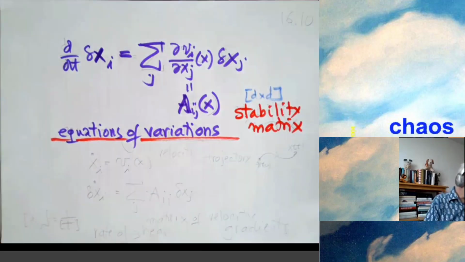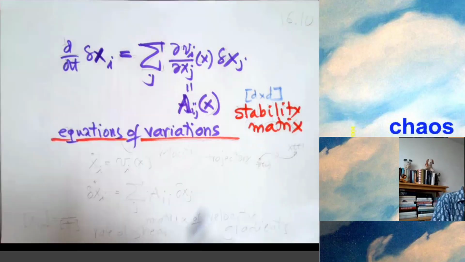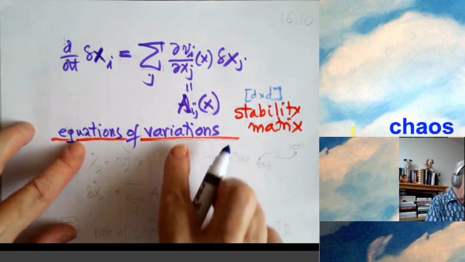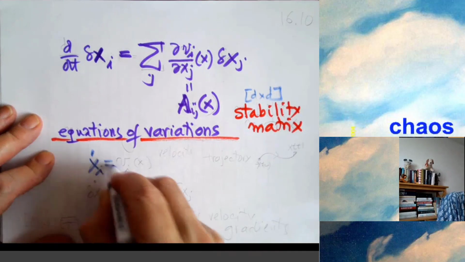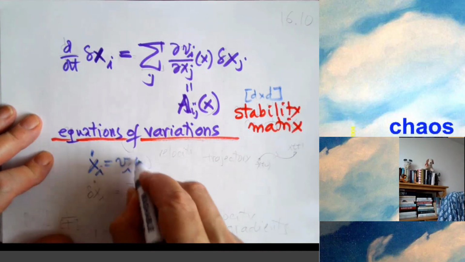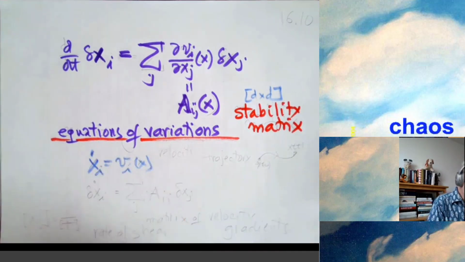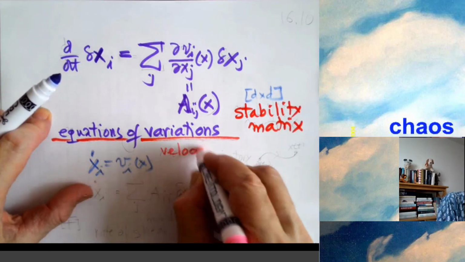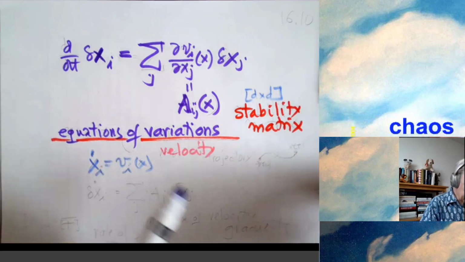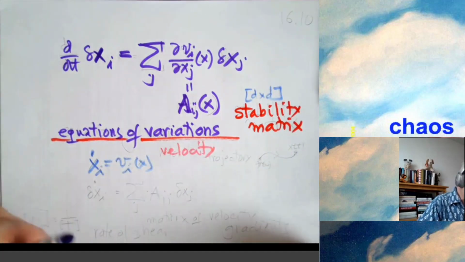And I can take care of what happens to deviations by writing something called equations of variations, where I take my original equation and I integrate it. This is a velocity at every instant, and as a result, I get a trajectory.